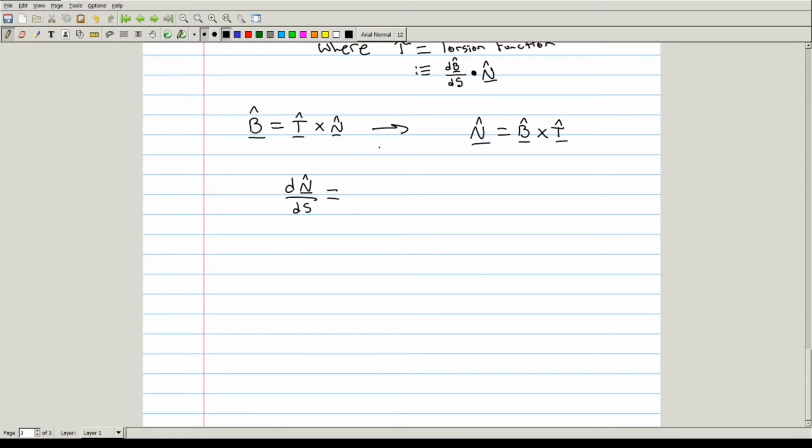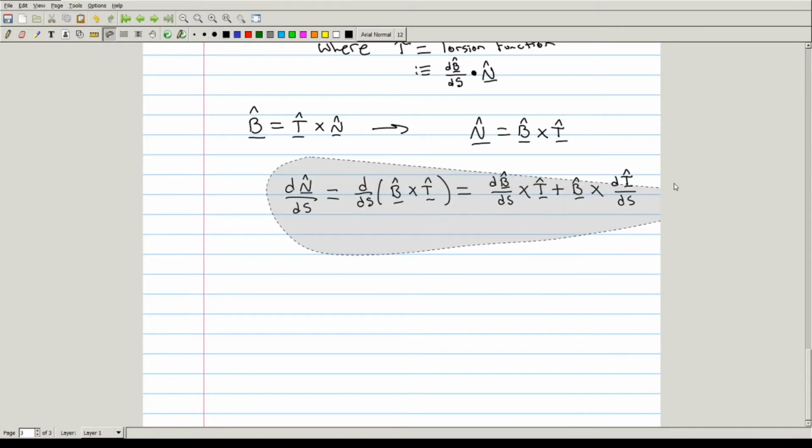And sure enough, this ends up becoming the derivative of the cross product of b with t by virtue of this expression right here. And this becomes then the derivative of the binormal vector with respect to arc length cross the unit tangent vector, plus the binormal vector cross product with the derivative of the tangent vector with respect to arc length, from the product rule for the cross product that we talked about last lecture.